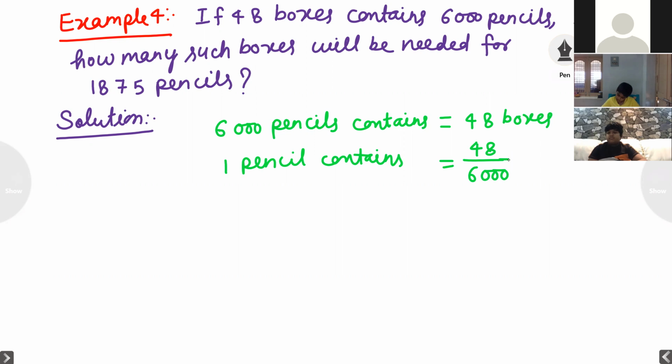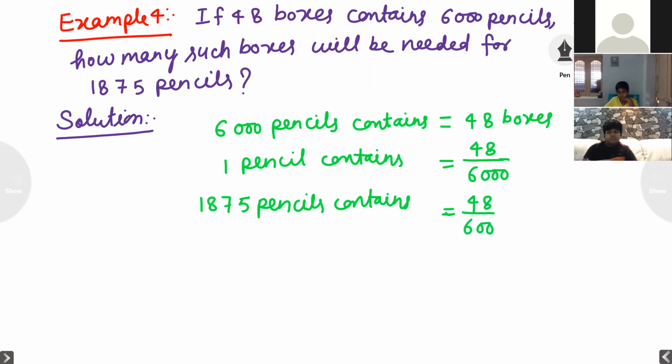After that, it is asking about 1,875 pencils. Same 48 divided by 6,000, into 1,875. It will come in the numerator.